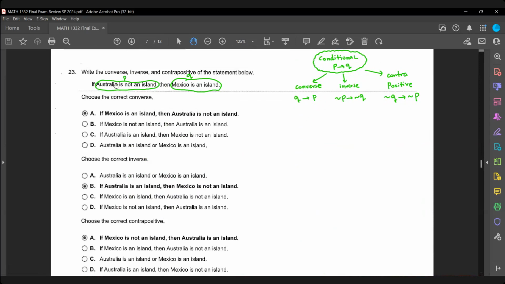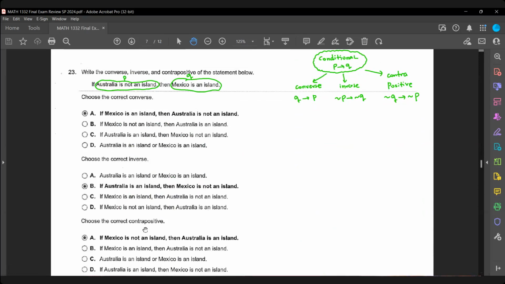So they're giving us a conditional statement. If Australia is not an island, then Mexico is an island. It wants us to choose the converse. So we are swapping the order. Mexico is an island, then Australia is not an island. The inverse of the conditional: if Australia is an island, then Mexico is not an island.